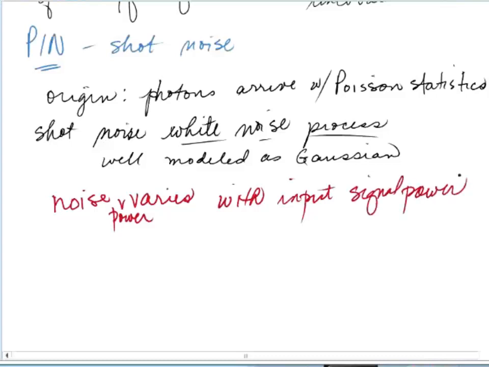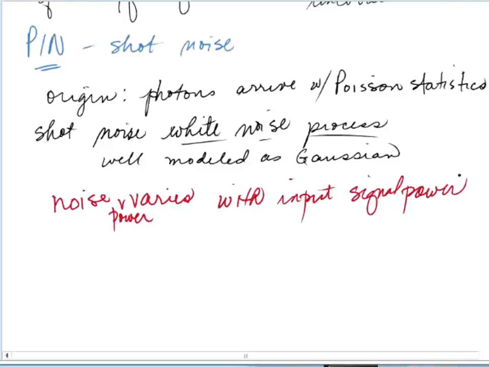Knowing that the origin of shot noise is the Poisson arrival statistics, this sort of makes sense. The stronger the power of the arrival, the stronger the noise is. Remember, thermal noise is not like that. No matter how strong the signal is, thermal noise is a fundamental limit, not related to the signal strength, whereas shot noise is more severe for larger signals.